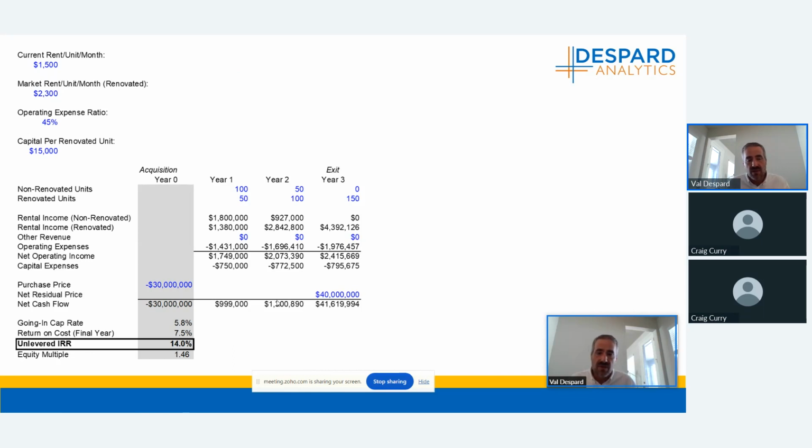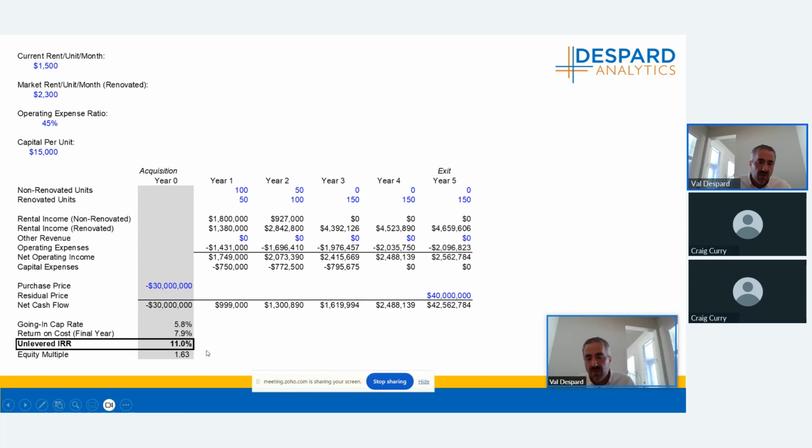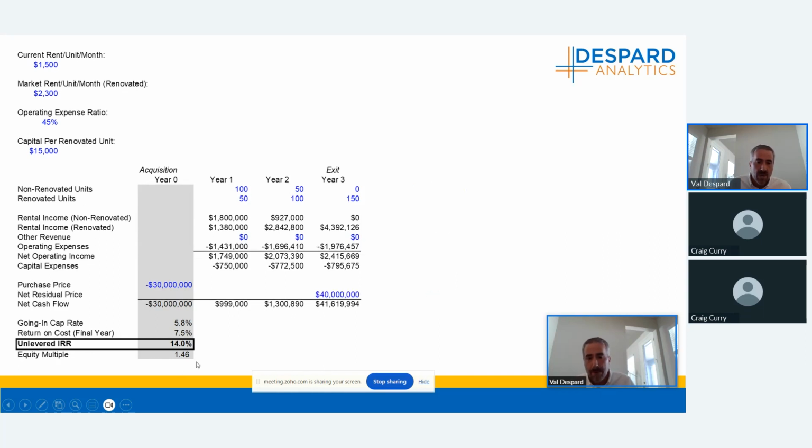So you'd have to be confident that your residual cap rate is going to be significantly below that, or it's 7.5, and then equity multiple 1.5. One thing, when a deal gets pushed out, your IRR goes down, but your equity multiple goes up, which is good.